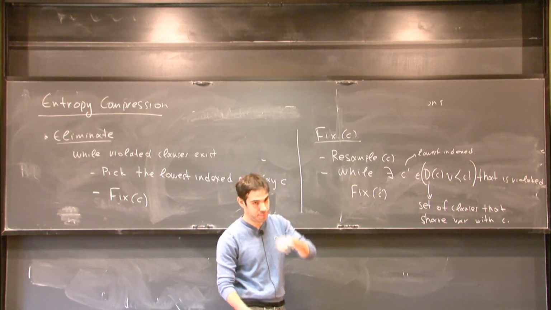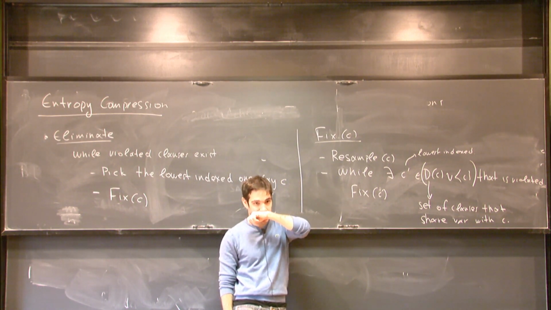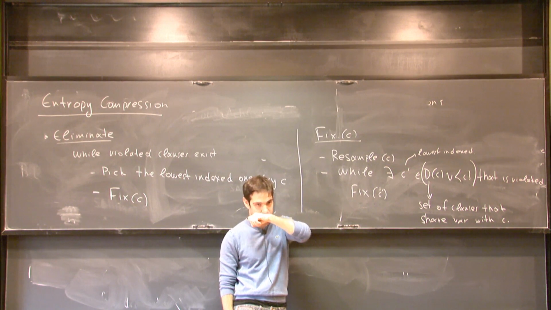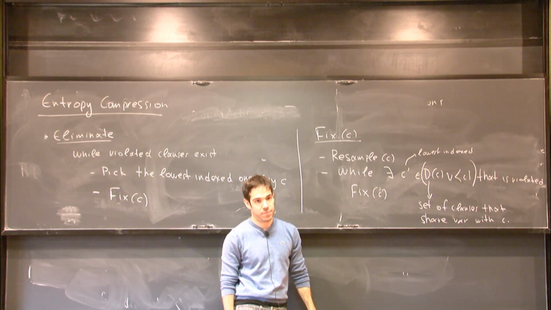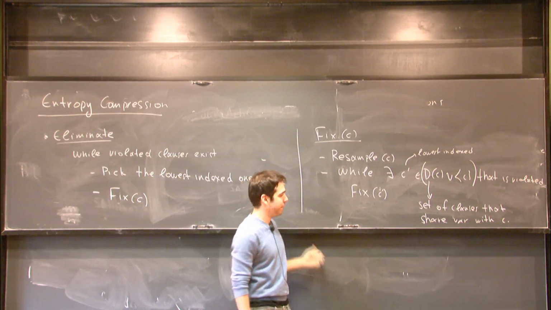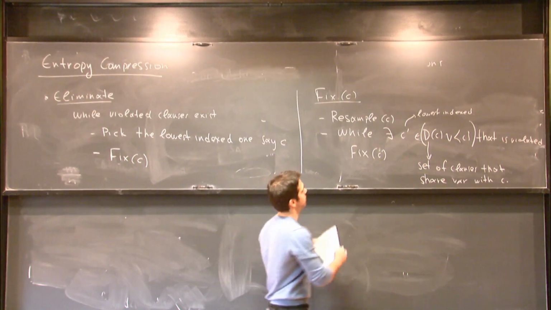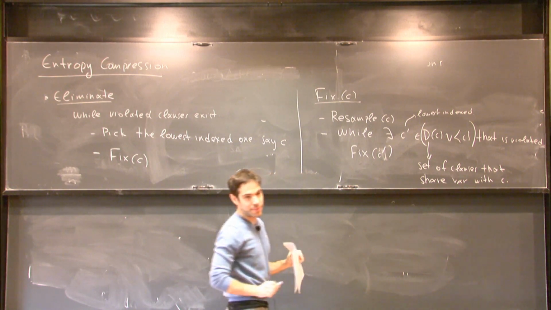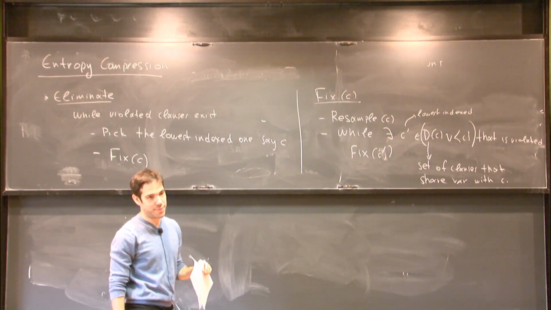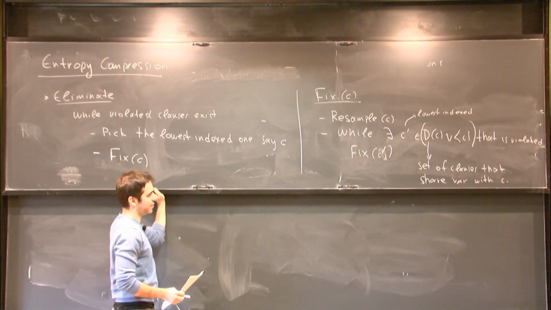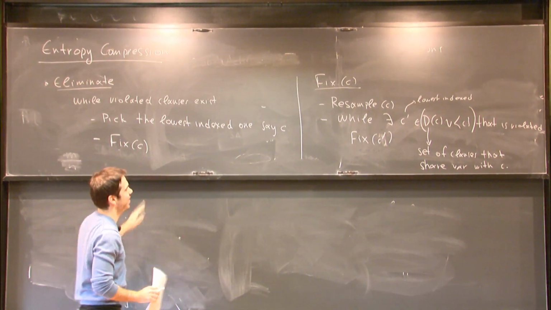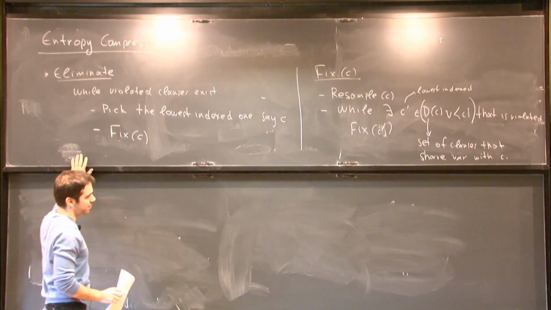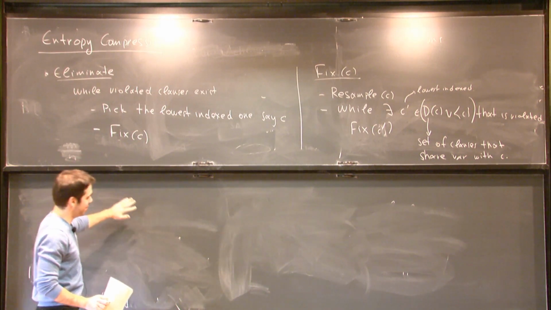While there exists a violated clause among those dependent on C, you take C prime, and you put C to be C prime, returning from the recursion. Does that help? Right, now it makes sense. Sorry about that.